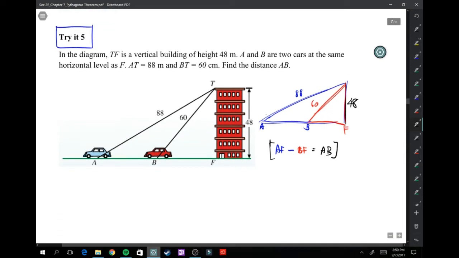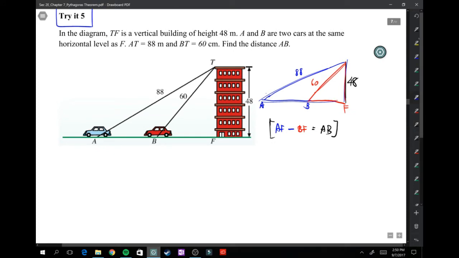And of course AF is found just by using Pythagoras theorem. We're able to find AF, given that AF square plus 48 square equals 88 square. I'm sure you can find AF. And how about BF?